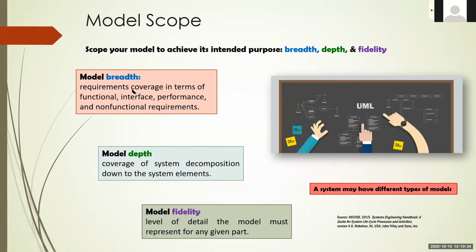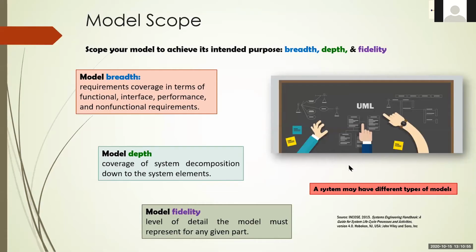So those three things, the breadth, the depth, and the fidelity, are going to impact how you develop that model. And it also is related to the intended purpose of the model that you want to build, okay?